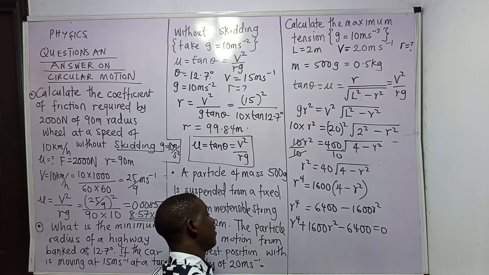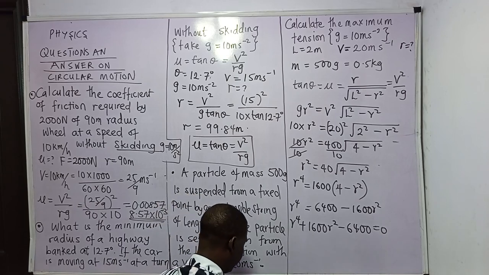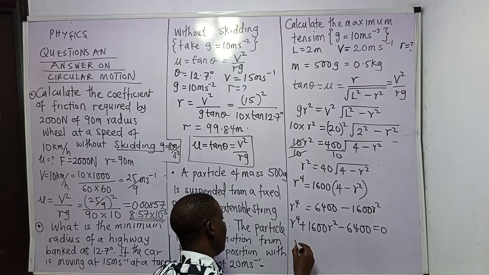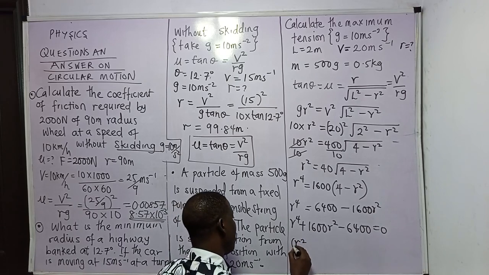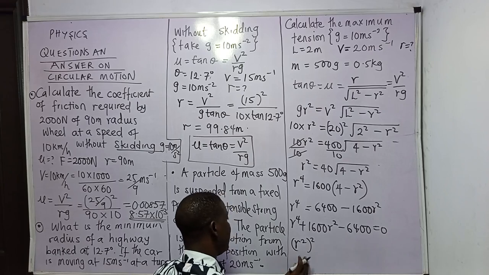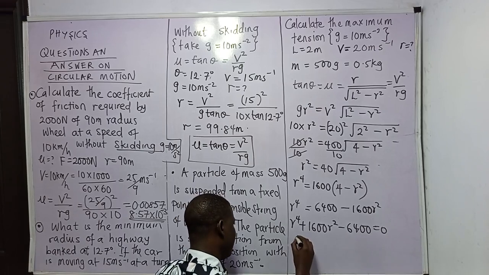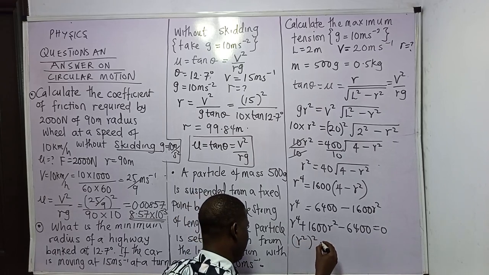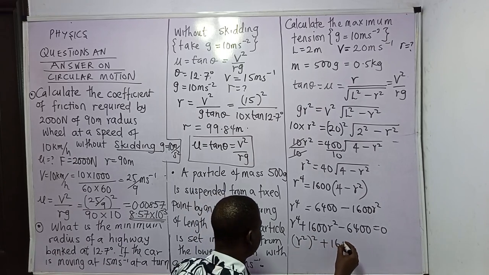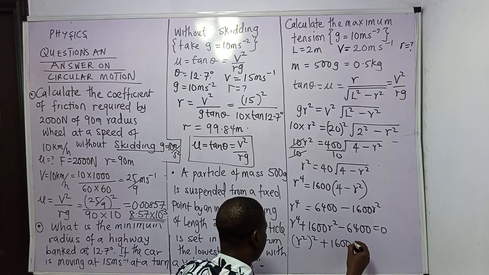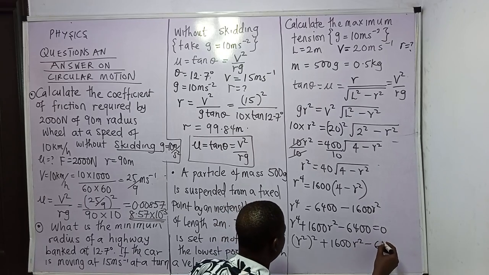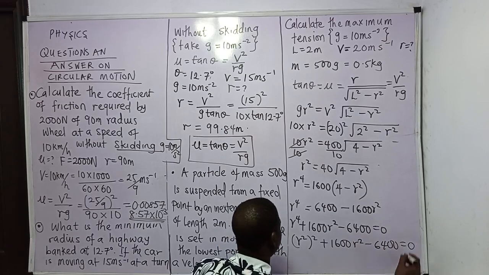Now, if you remember, this one can also be written as R square all square, plus 1600 R square minus 6400.